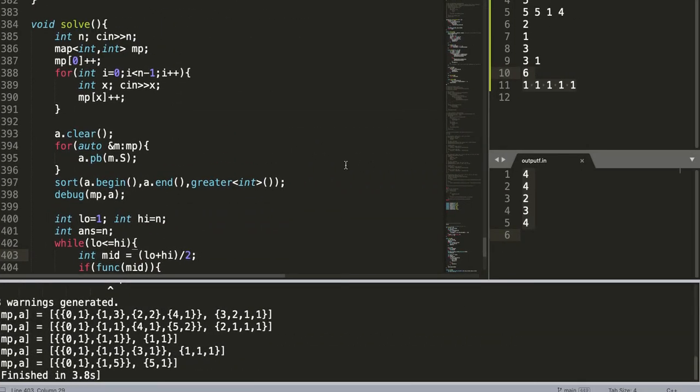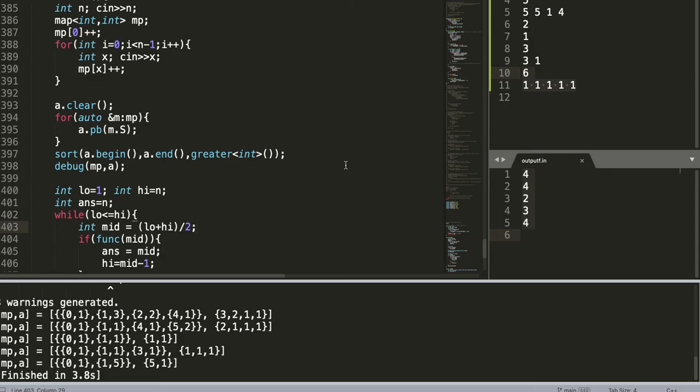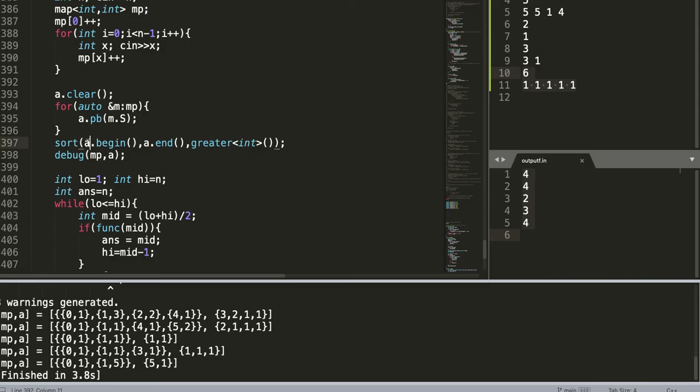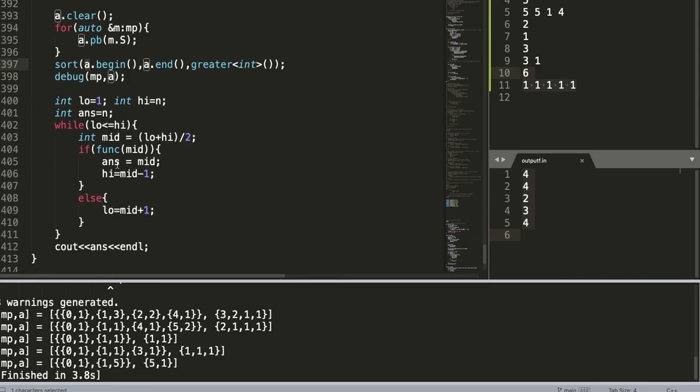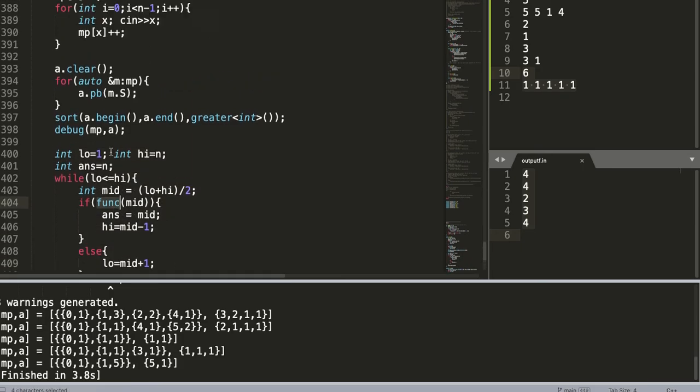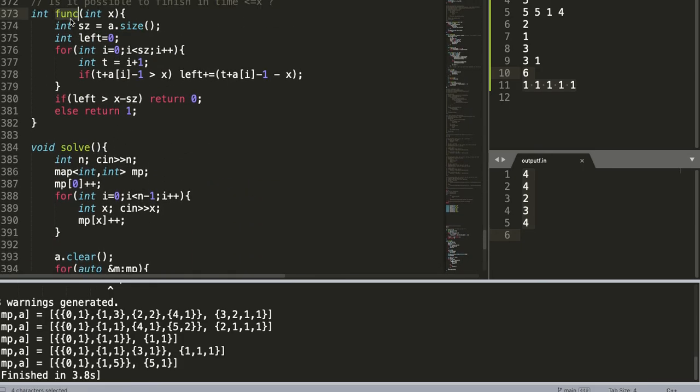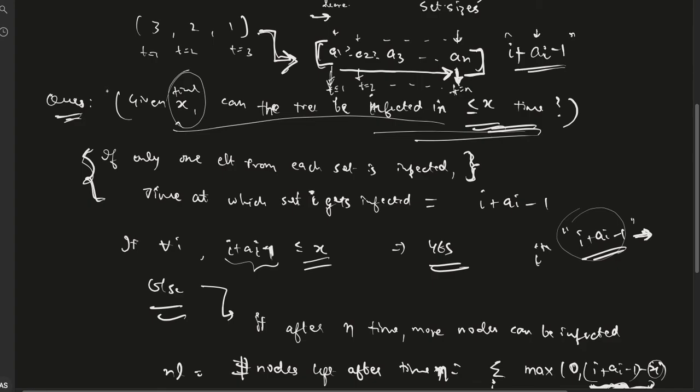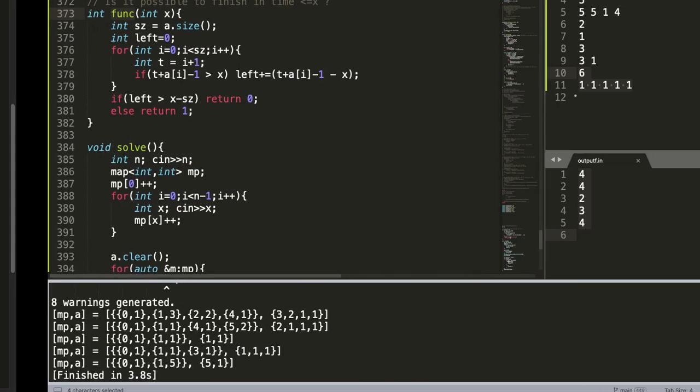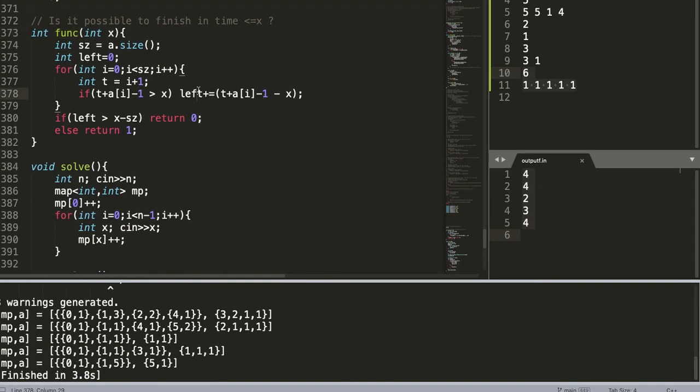The code is basically what I just explained. This is the A array we were maintaining, and this is the code for binary search. Func is this function. It basically poses the question: how many nodes are left?